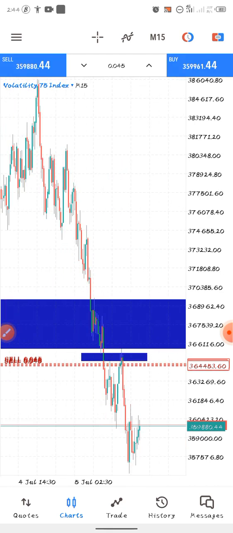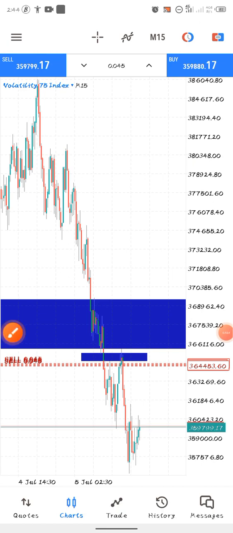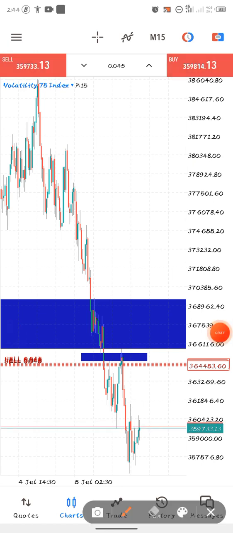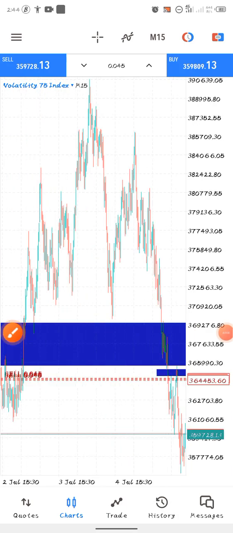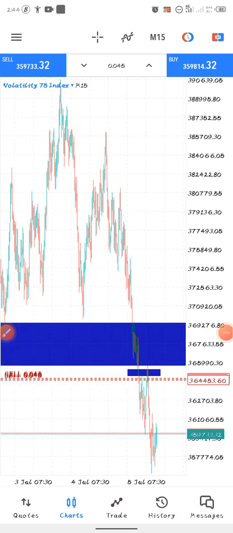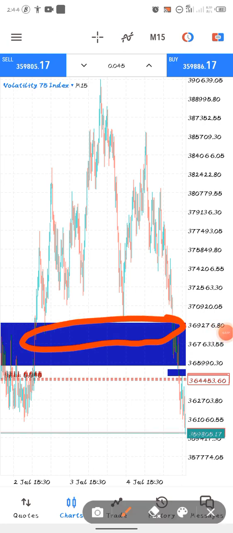Now when I switch to my 15-minute time frame, I figure out the market is creating lower highs and lower lows, and then I saw the market right here, and I had to wait for a candle to close right above this area. I wait for a candle to close above that area, and I wait for retracement.